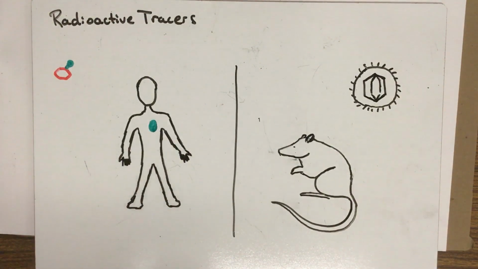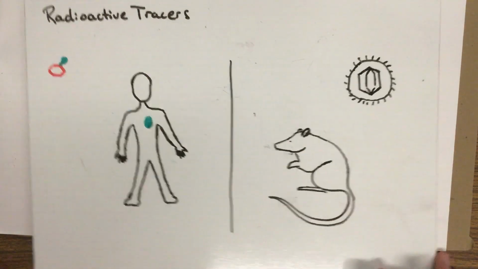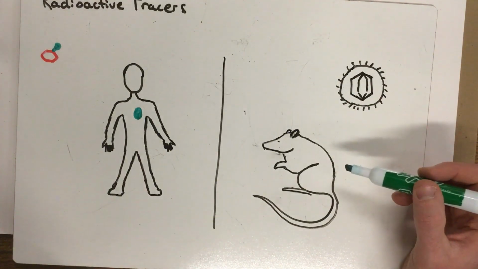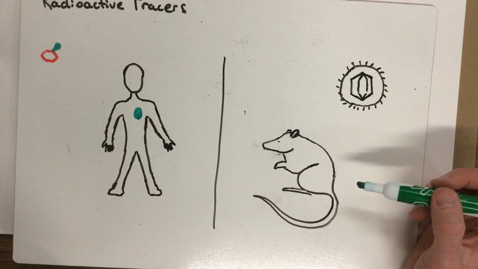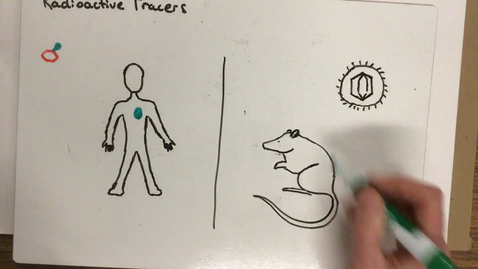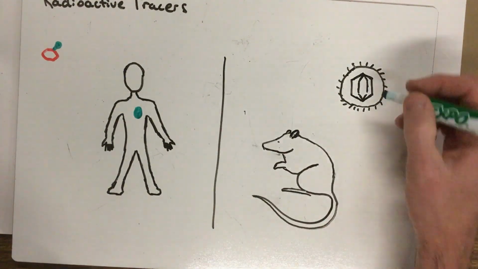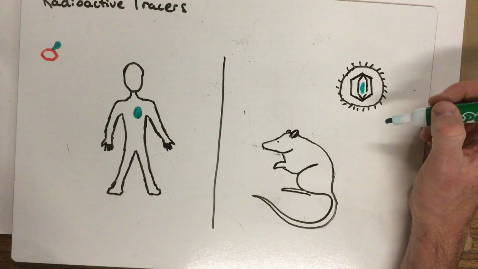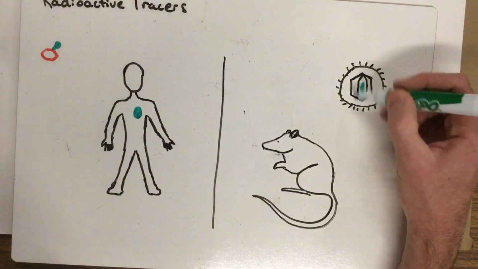Here's another example. Let's say we want to know how this virus affects living things like a mouse. What cells does it infect? Because viruses infect very specific cells of the body. What we can do is radioactively label the DNA inside that virus.